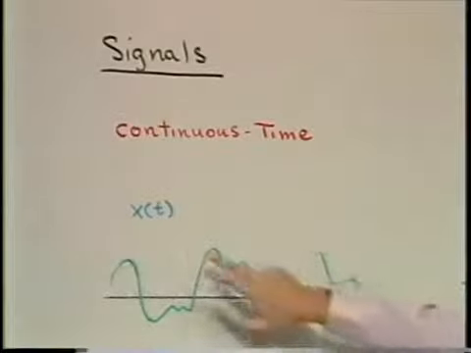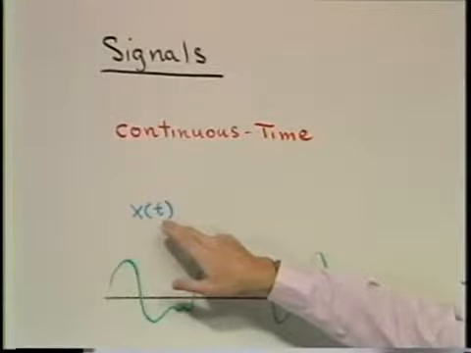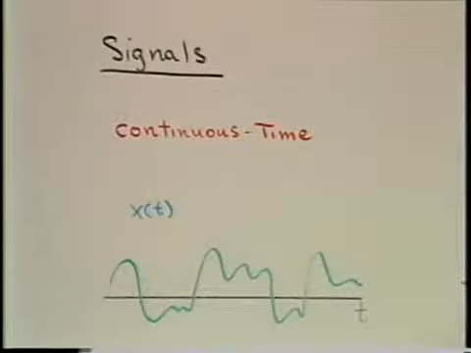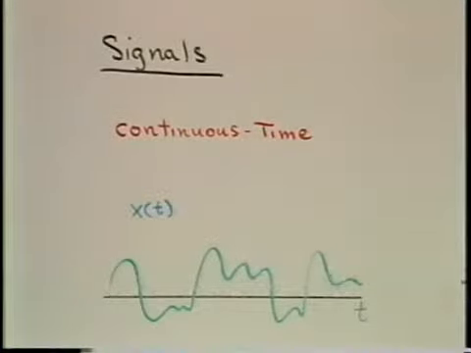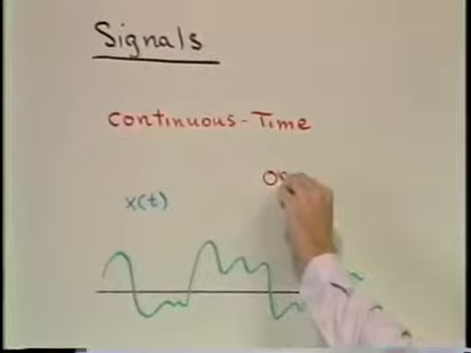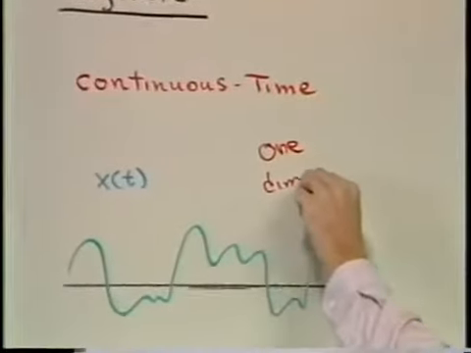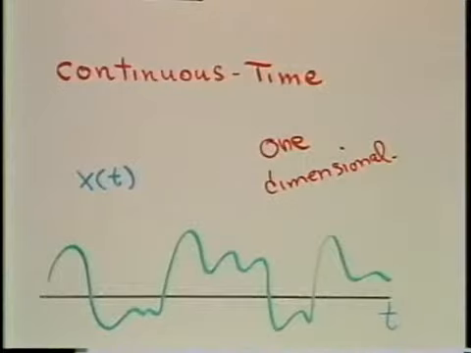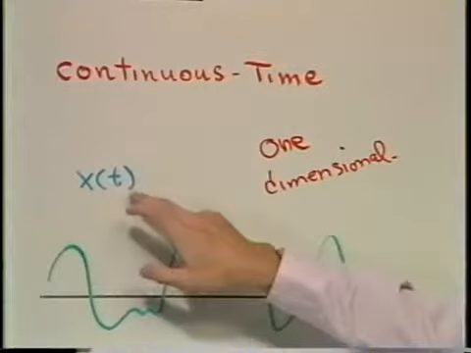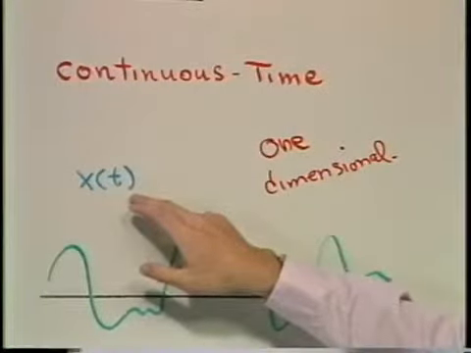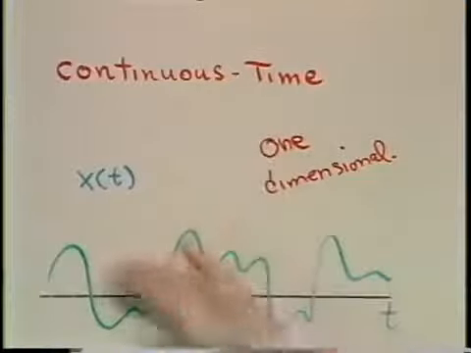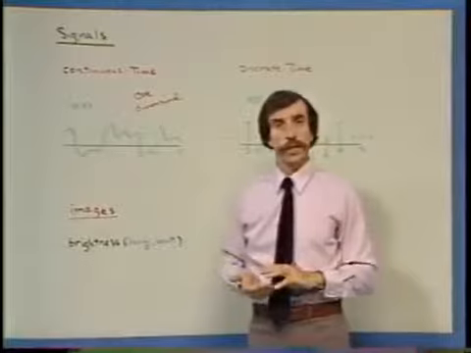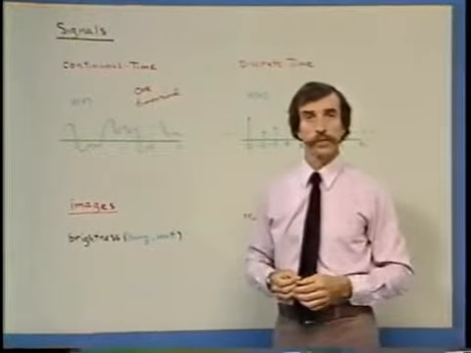Now, it also, for this particular example, is a function of one independent variable, and that will be referred to as a one-dimensional signal, corresponding to the fact that there's only one independent variable instead of several independent variables. So a speech signal is an example of a continuous time, one-dimensional signal.